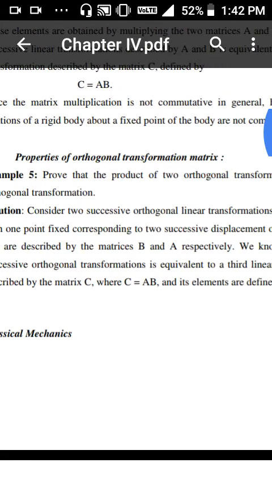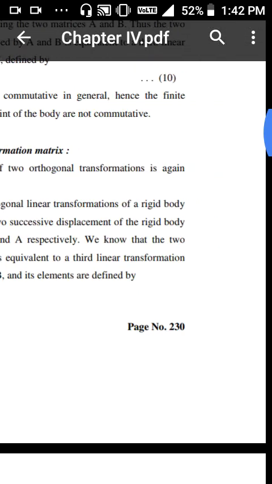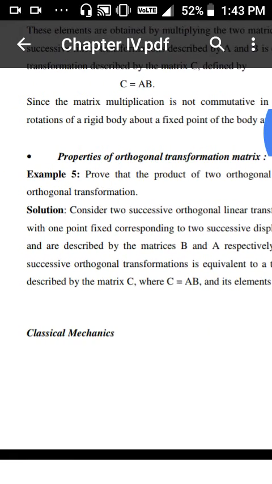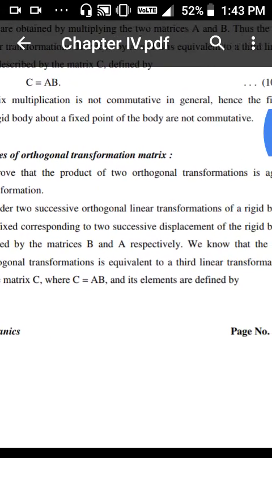corresponding to two successive displacements of the rigid body, and are described by the matrices B and A respectively.